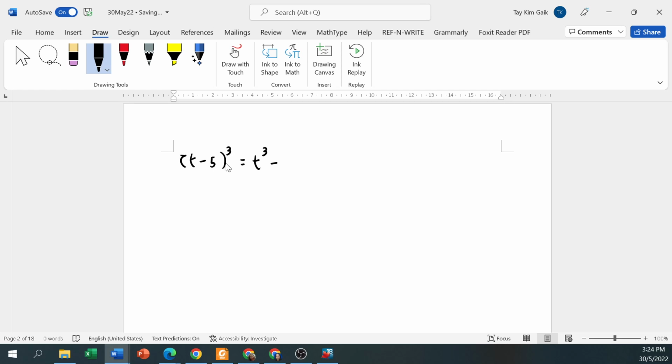Or you may multiply t minus 5 three times. So we have 3 t squared, and then 5 power 2, plus 3t 5 cubed. Sorry, 5, this is 1.